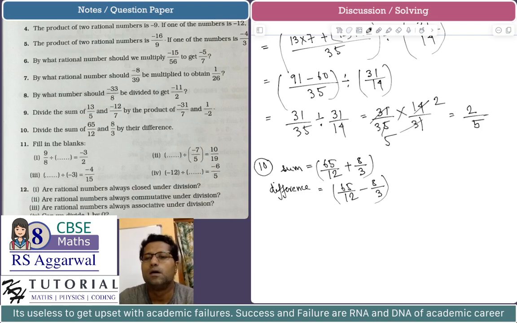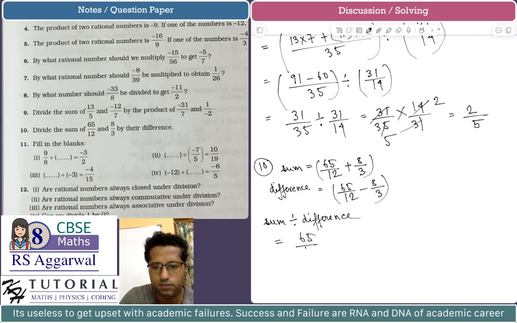Now, so we have to evaluate the sum divided by the difference. This is equal to, we have to evaluate 65 by 12 plus 8 by 3 divided by 65 by 12 minus 8 by 3.